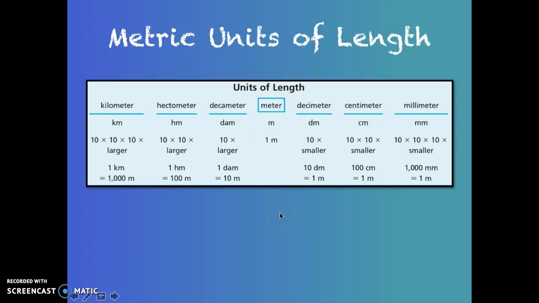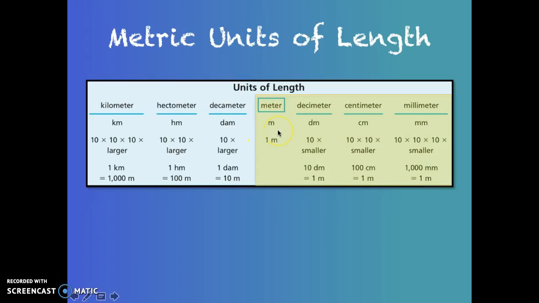And if we're measuring mass, or sometimes you think of it as weight, we would use grams. Now, notice that the word meter is at the end of each one of these words. And that will be true for liter and for gram, which you'll see in a minute. So it's just the front part of the word, the prefix, that is going to change.